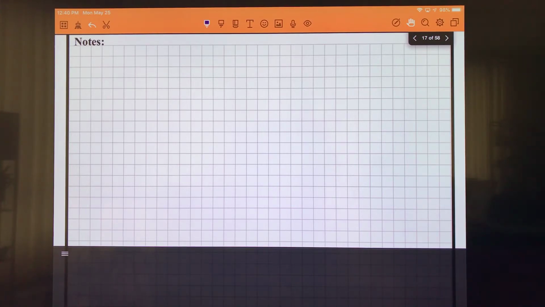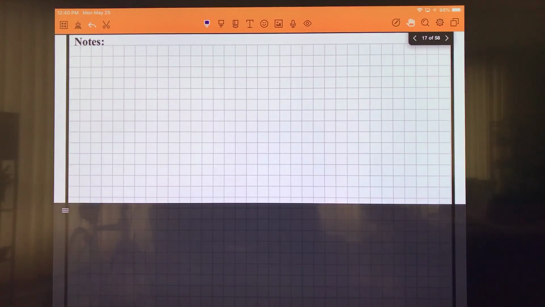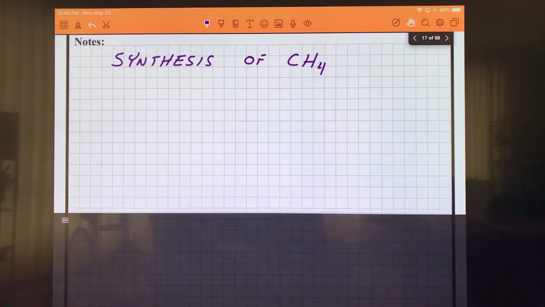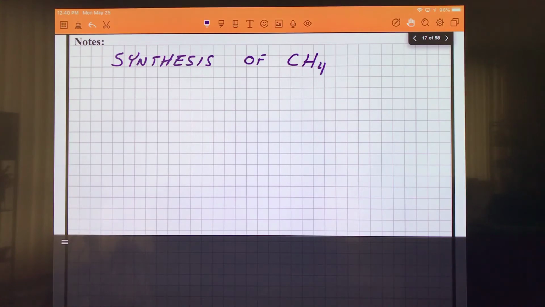All right, so the Seesaw activity today says we are going to synthesize, so this is a synthesis reaction of methane, CH4, 1 carbon, 4 hydrogens. And since it is synthesis, we are going to start with carbon.